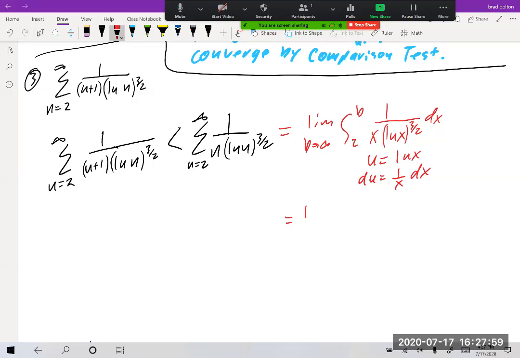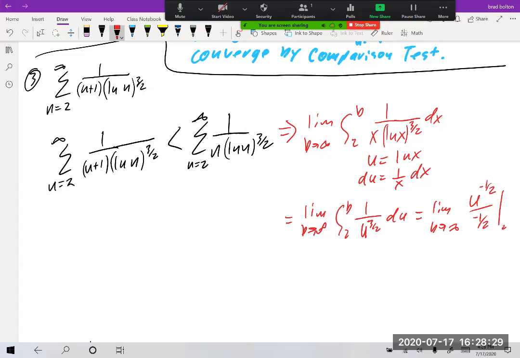So this will become the limit as b approaches infinity from 2 to b of, what would that be? 1 over u to the 3/2 power du, which equals the limit as b approaches infinity of u to the negative 3/2. So this would be u to the negative 1/2 divided by negative 1/2 from 2 to b.